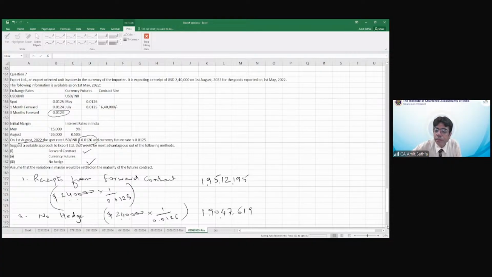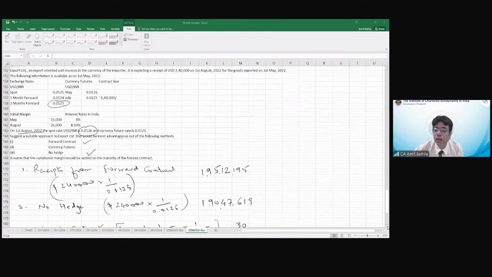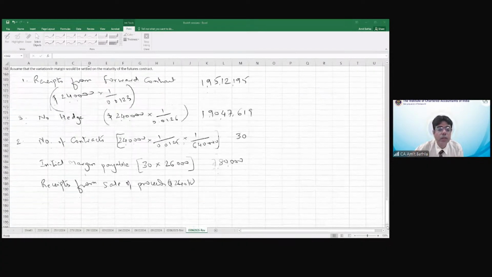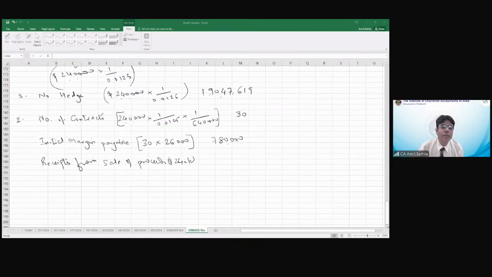Just a minute, please. So here I will have the same number essentially arriving, of 240,000 into 1 upon 0.0126, right?